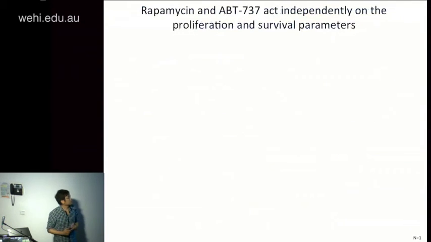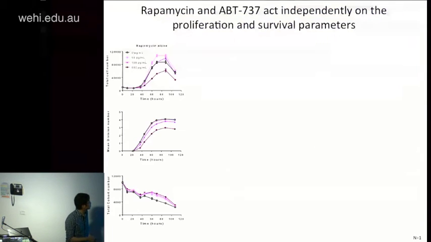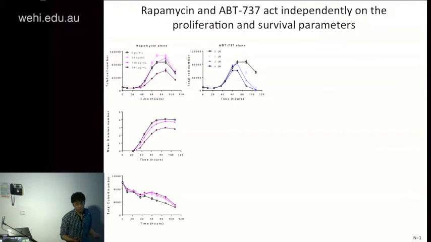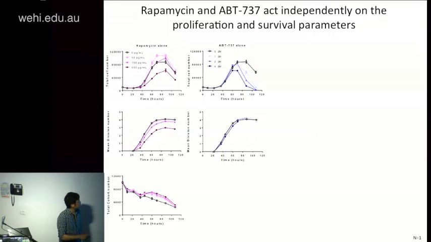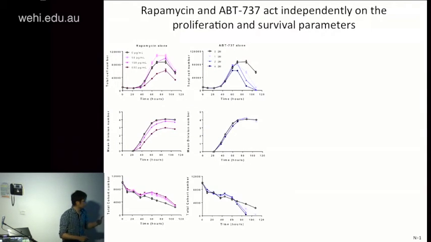Another combination: rapamycin and ABT-737. Here's the effect of rapamycin, which only affects proliferation with no effect on survival, and ABT-737, which is a BH3 mimetic that only affects the pro-survival molecules. As I showed you before, ABT-737 has no effect on proliferation, and its only effect is on survival.